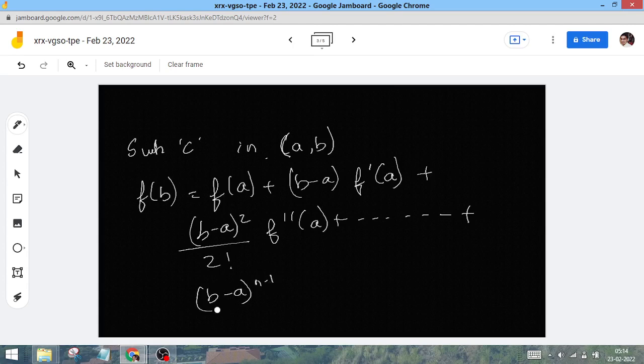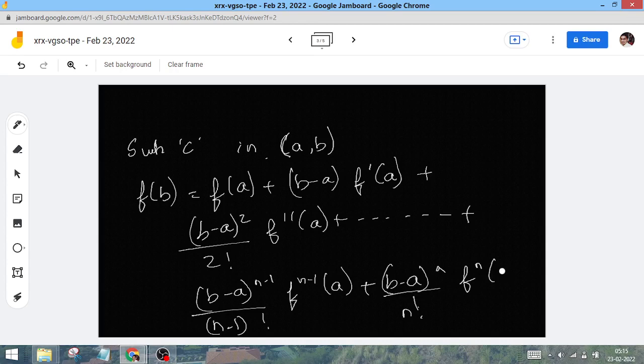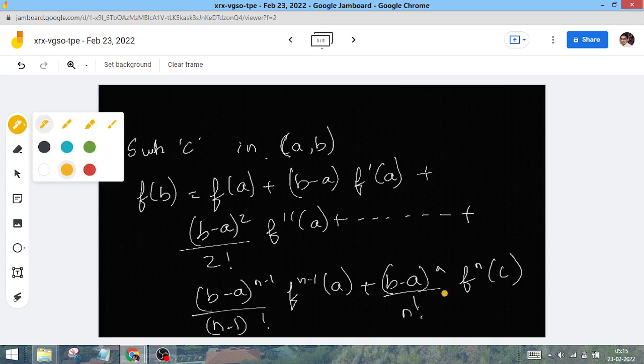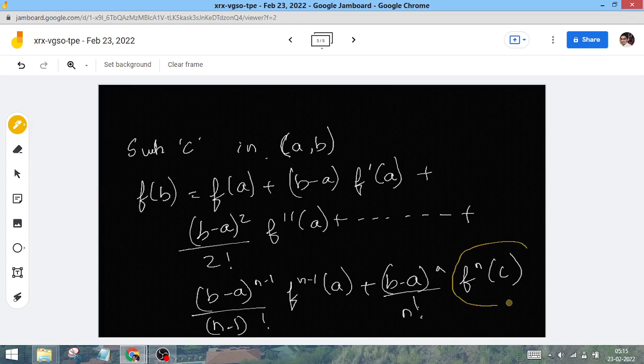We write it down like this: b minus a power n minus 1 by n minus 1 factorial f n minus 1 power of a, plus b minus a power n by n factorial, then f nth derivative of c. So this particular c is what we are going to find out by solving this problem. We'll be able to find out what this value of c is, and this value will definitely be present in the open interval between a and b.